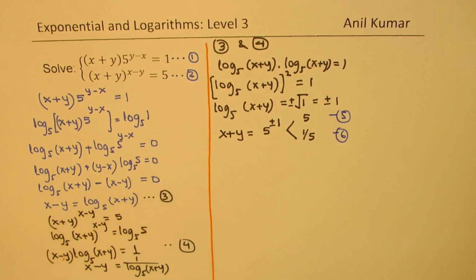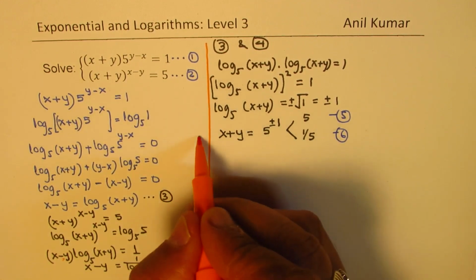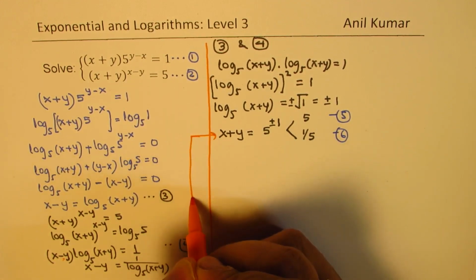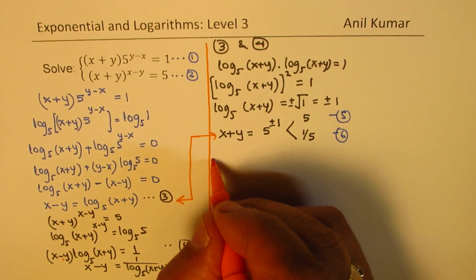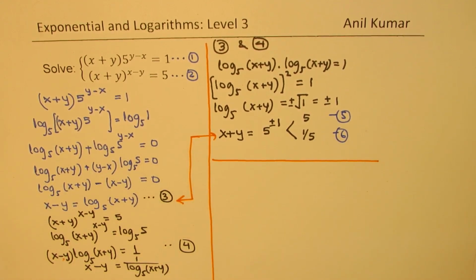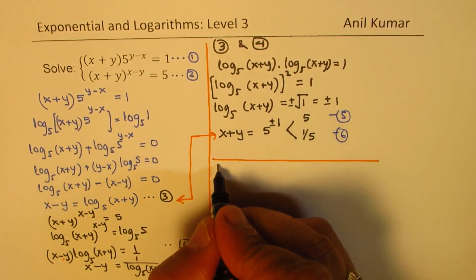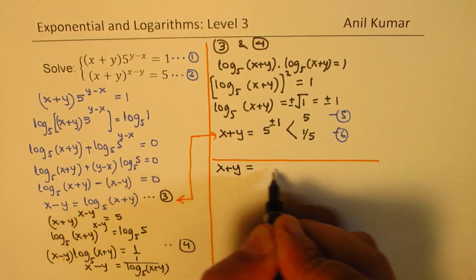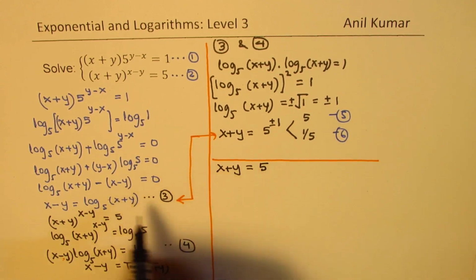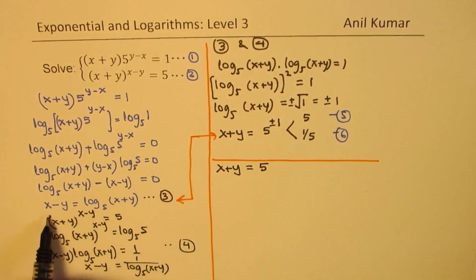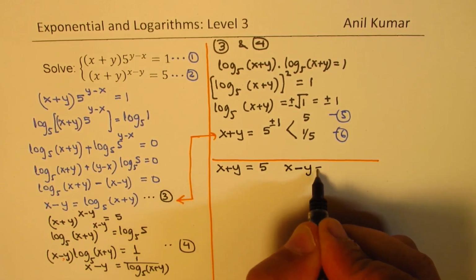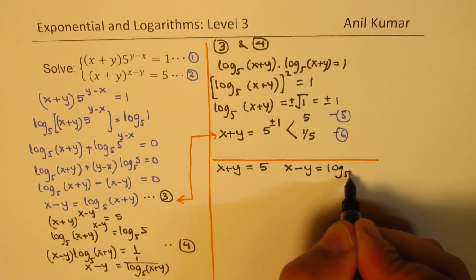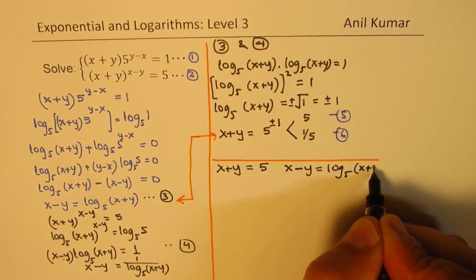So we'll use equation 3, equation 5 and 6 to find the value of x plus y, correct? Okay, so let's take one of them first. So we'll take x plus y equals 5, and here we know x minus y equals log to the base 5 of x plus y, right?